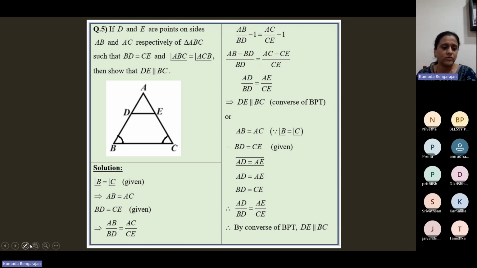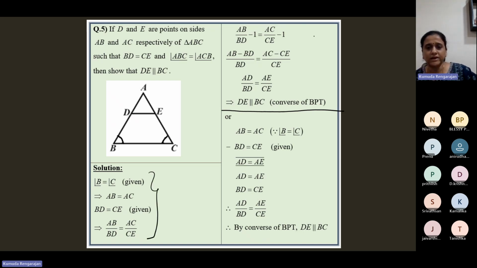Yeah, so in the fifth one, you can see I've done it in two ways, because in some schools, they subtract one. So see, this one is common to both. Then you can do it like subtracting one on both the sides, or you can also do it like this.